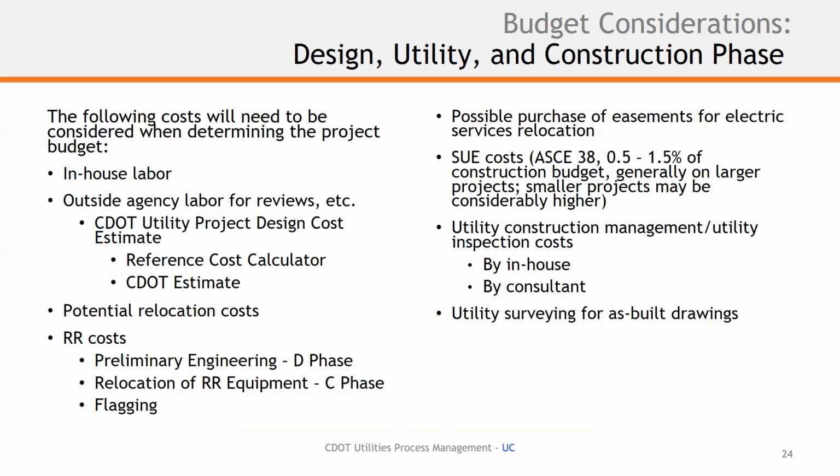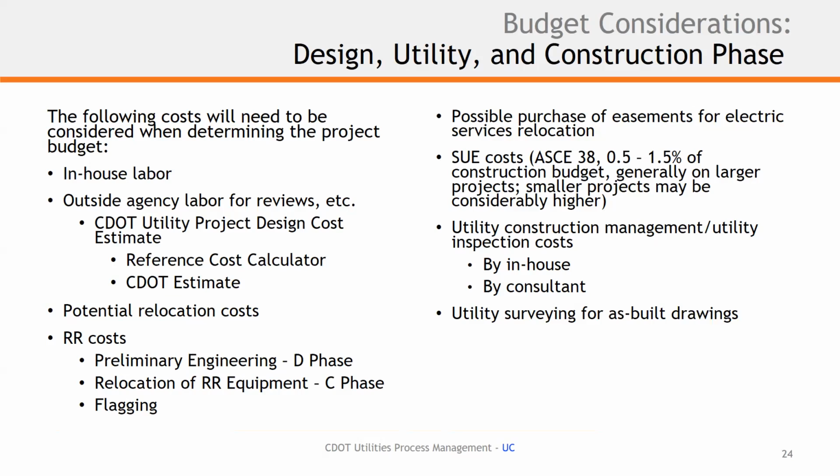And then considering later on during construction management, it's important that utility inspection costs be considered in your project, whether it's going to be staffed with in-house project engineers, or is it going to be consultant based, or what?